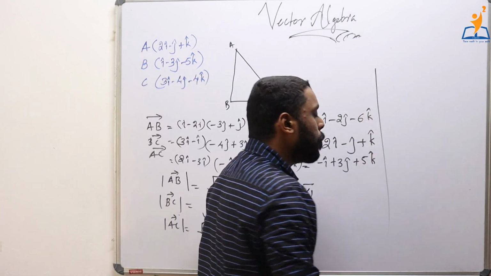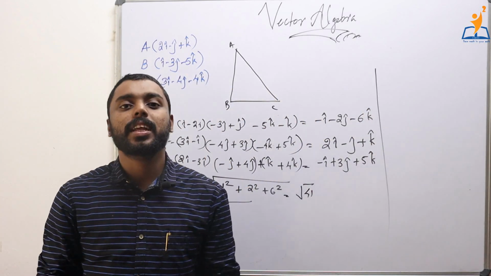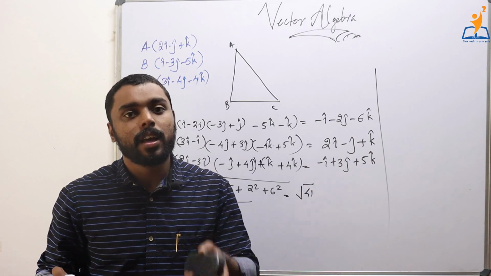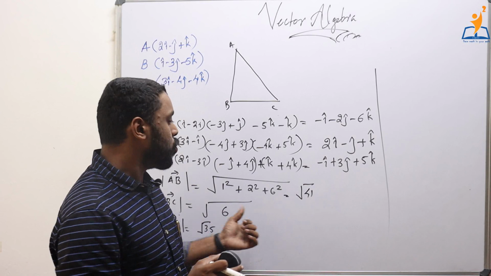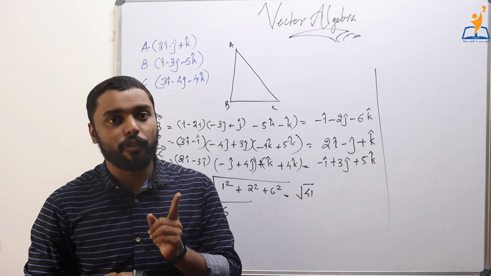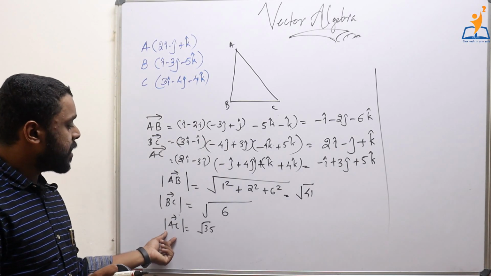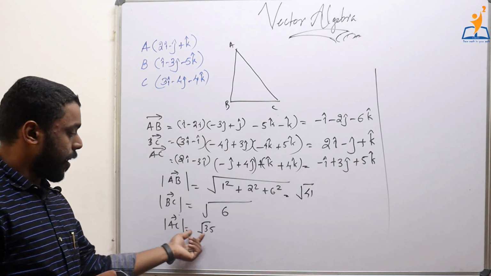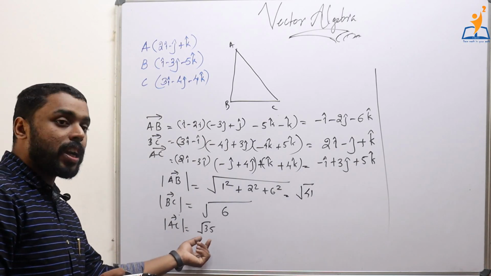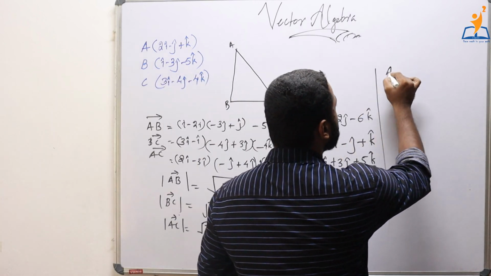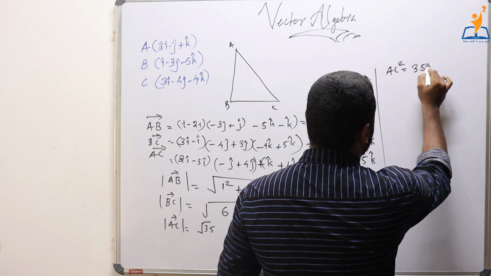Now we know that the Pythagoras theorem is one of the fundamental theorems which is satisfied by every right angle triangle. So if we know the magnitude of each side, we can check whether it satisfies the Pythagoras theorem or not. See, AC square is nothing but 35. Since AC is root 35, its square cancels the square root, so AC square is 35.